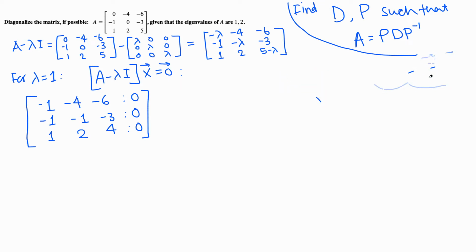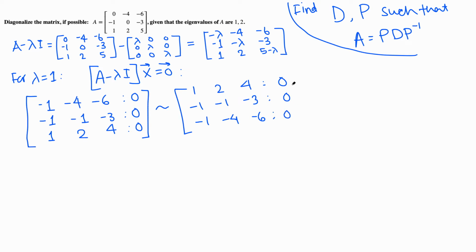First we convert this into row echelon form. So 1 2 4, and 1 minus 1 0, 1 minus 1 0. So let's interchange R1 and R3. So 1 2 4 here. Now -1, -1, -3 0, -1, -4, -6 0.